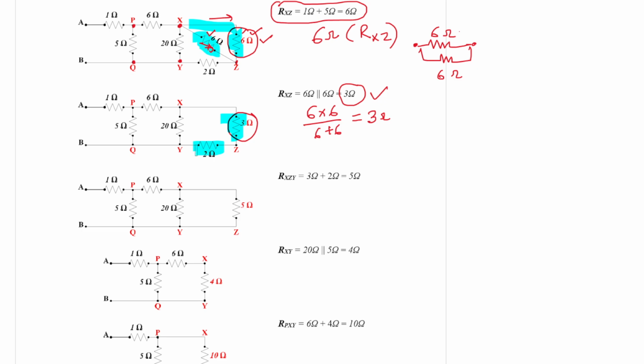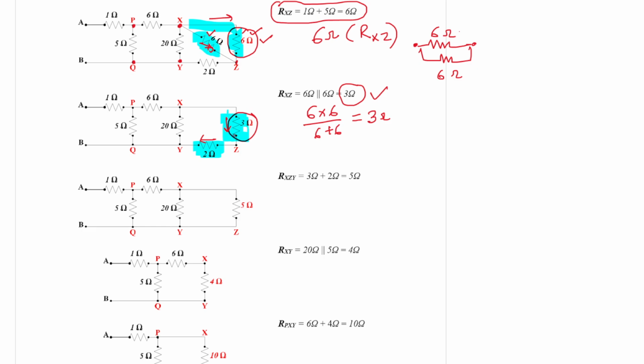Now following this, you can find that this 3 ohm resistance and this 2 ohm resistance should be in series, because the same current is flowing.